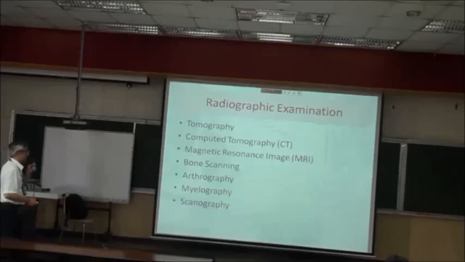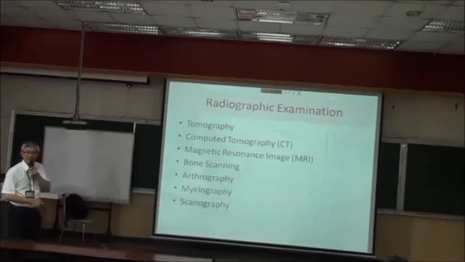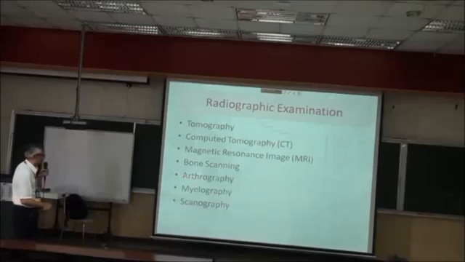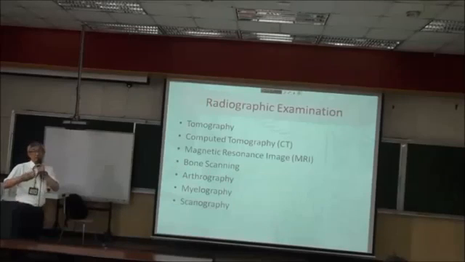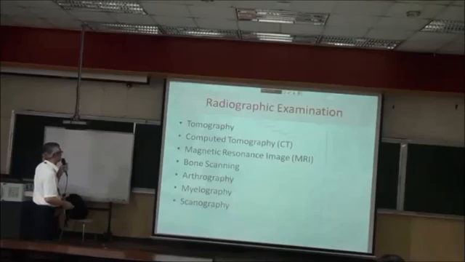You always say MRI, arthrography. Arthro, that comes out again. Arthro means joint, right? Graphy, graphic. Like using some dye to make it clearer. Arthrography, mammography, and scanography. Graphy, some graph, okay, some picture.